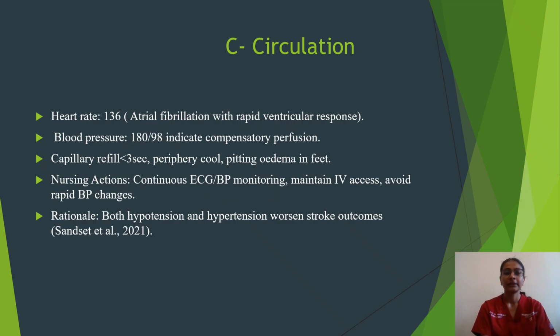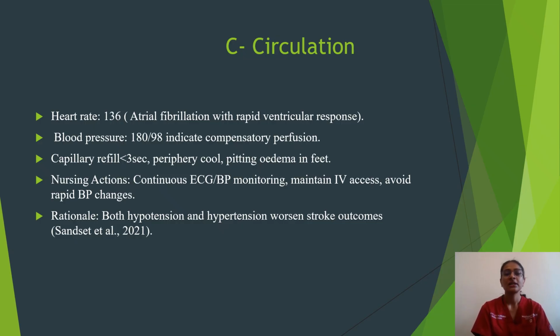2022. Next we are going to discuss circulation. In circulation, her heart rate is 136, which is very high because of the atrial fibrillation with rapid ventricular response. Now blood pressure 180 over 98 is hypertension, which indicates compensatory perfusion. Next, capillary refill is less than 3 seconds, periphery is cool, and pitting edema is present in her feet.